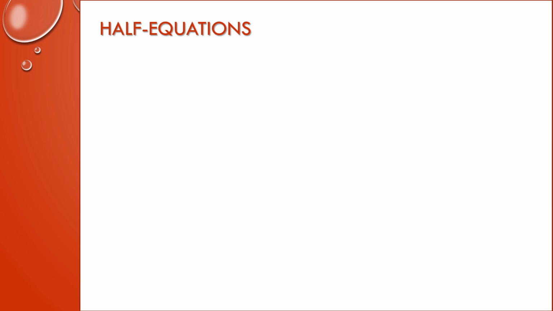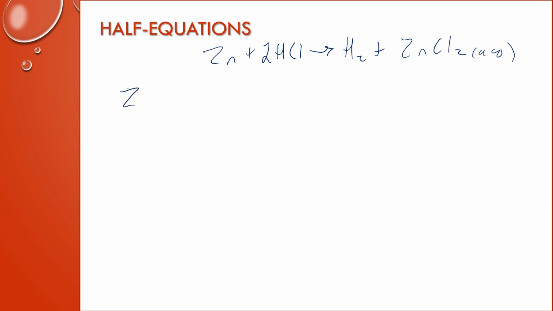So let's say, if I go back to that zinc example, if I write this separately and show that the zinc chloride is separating, I can show that the zinc is forming zinc 2+ ions. And then if I do the same thing with the hydrogen, the HCl, strong acid, the hydrogen ions are forming hydrogen gas.